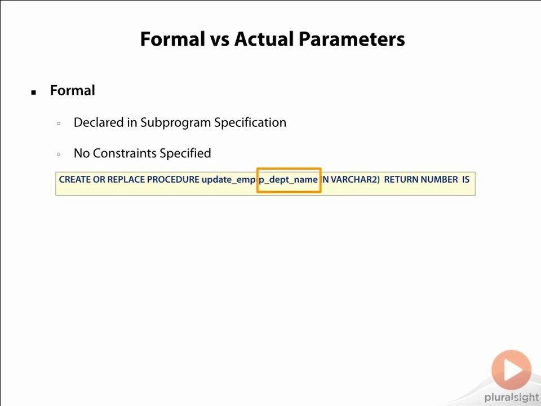Notice that I do not specify any constraints to the data type for formal parameters, as in here we are just declaring it to be a varchar2 and not specifying a constraint like varchar2(20) or varchar2(30). It gets the constraints from the actual parameter.